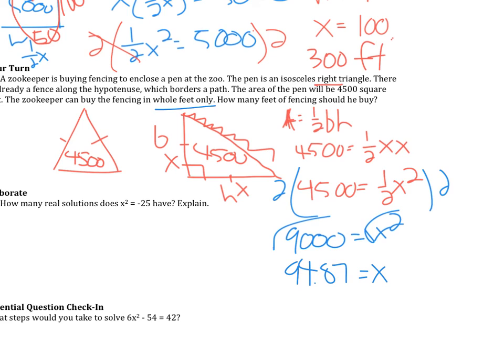So that is x, and then we get x again, so we just double that. But really, this is 95 feet of fence for one side, which means the other side has to be 95 as well. So we need a total of 190 feet.